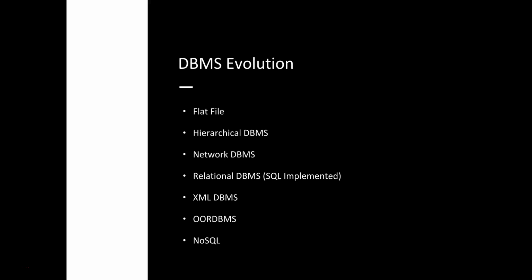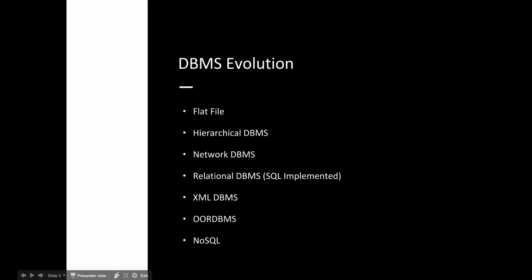And then the relational database management system, the biggest milestone, where a solid programming language was introduced to manage, query and explore the data and do various operations on it. This was the major breakthrough.